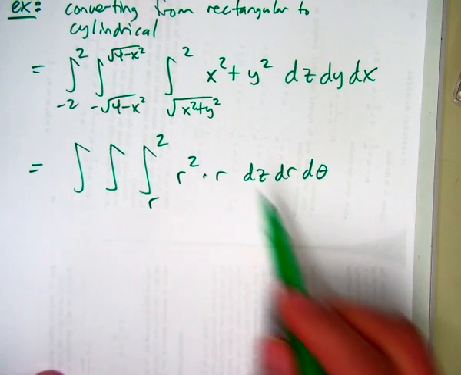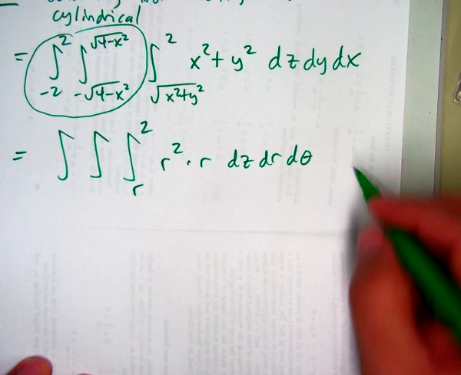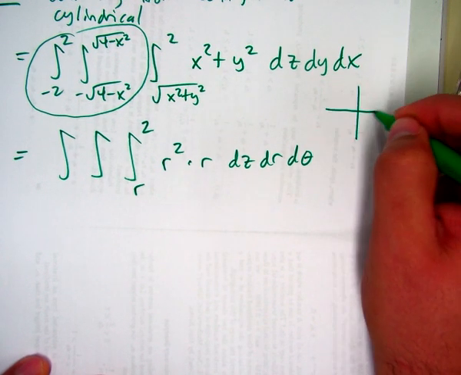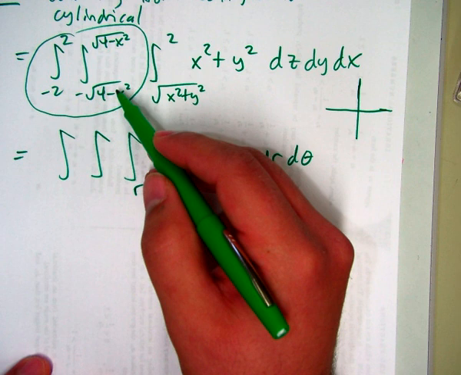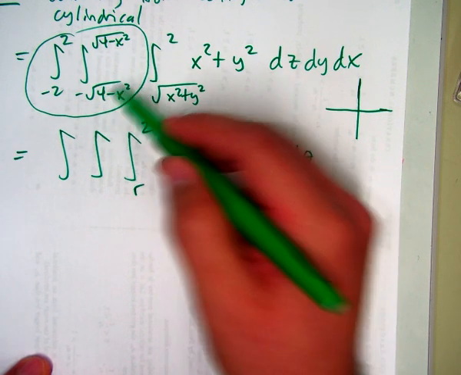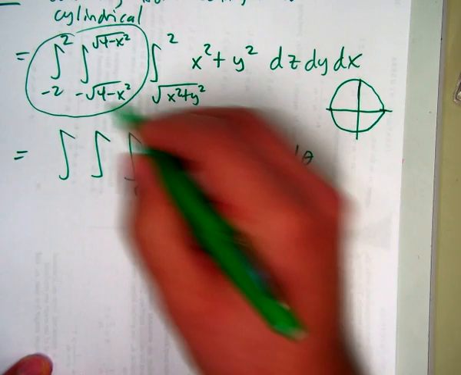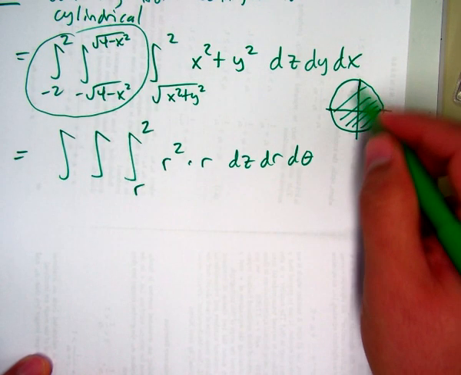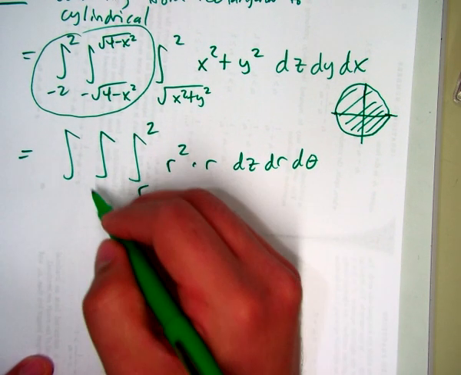And now these outer bounds tell us the region R, right? Can we sketch from the bounds? Half circle? Actually, that's a full circle. Alright. We got the lower and the upper. Negative 2 to 2 means we're going all the way around, right? So what's the bounds going to become for r and for theta?